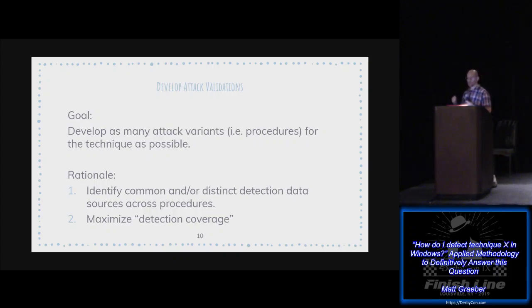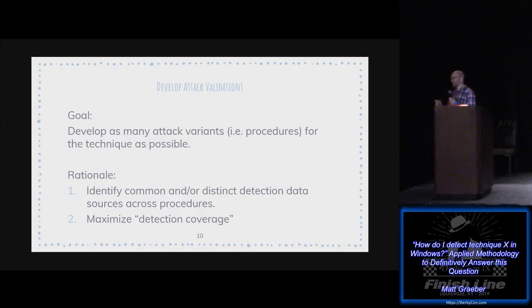Okay. And so the rationale to develop as many attack validations, or proof of concept validations, as possible is to identify common and/or distinct detection data sources across procedures. In other words, I refer to this as detection coverage. Right? So if you're building a detection off of the execution of wmic process call create, you very well could be limiting yourself.